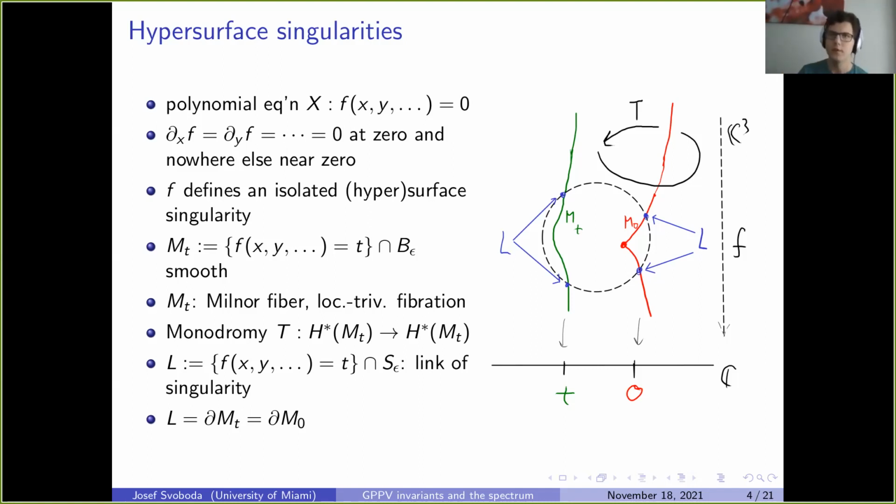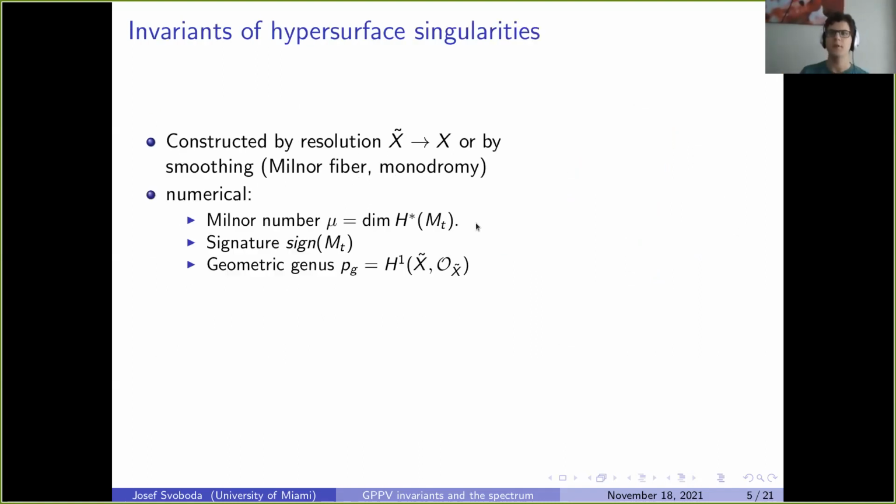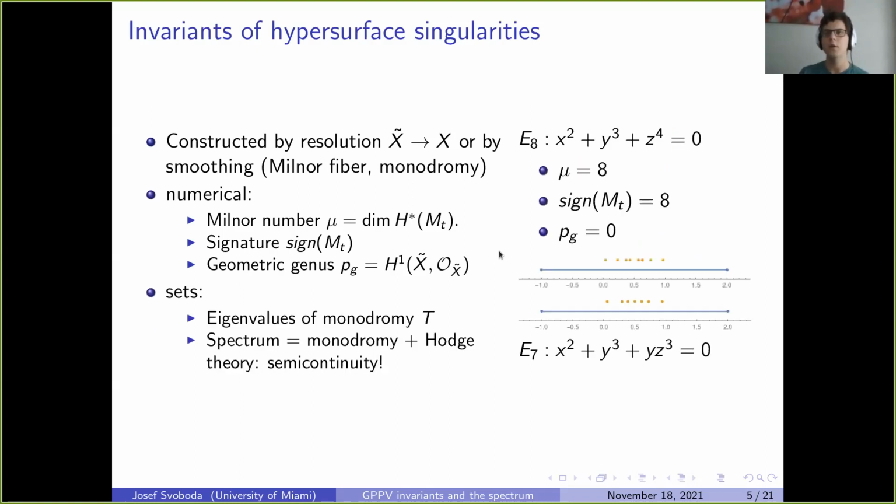So there is a theorem of Steenbrink and Varchenko, which says that you can find a mixed Hodge structure on the Milnor fiber M_t. Now you can combine it with the monodromy. You have a vector space, which is your cohomology. It is filtered by the Hodge filtration. You forget about the weight filtration for now, and you also have the eigen-decomposition by the monodromy operator.